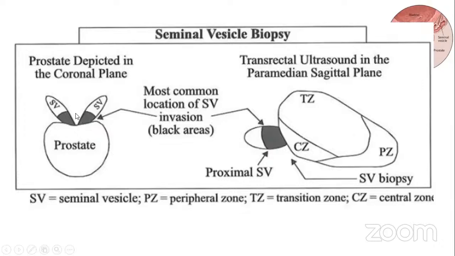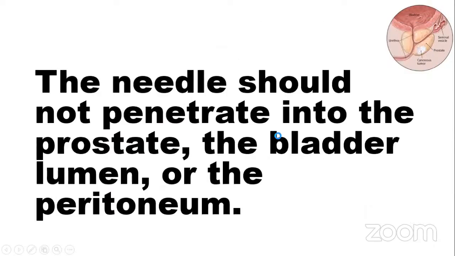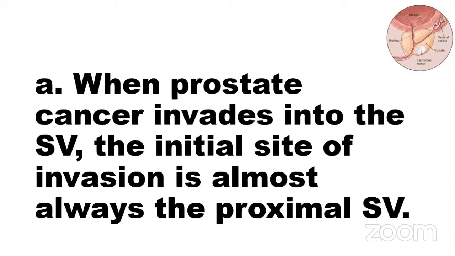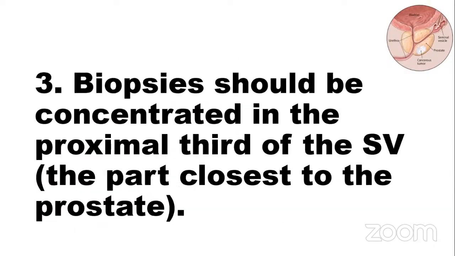And as you see here, this is the most common location of seminal vesicle invasion. This is the proximal side, proximal to the prostate. This is considered the most common site of invasion, and we mentioned previously that it is the proximal site of invasion.